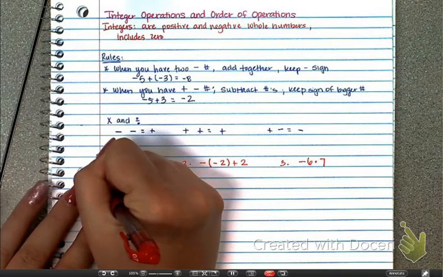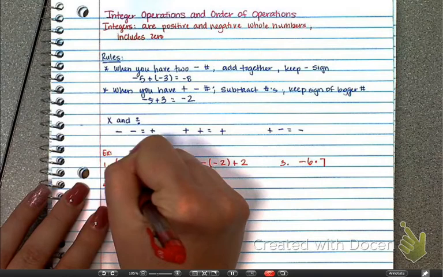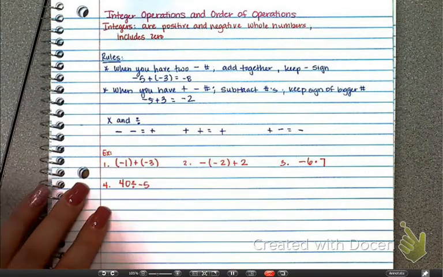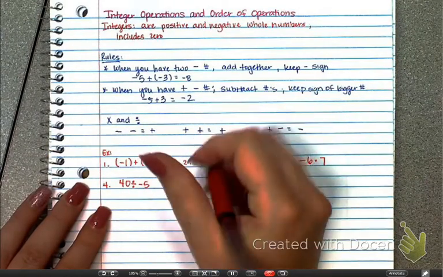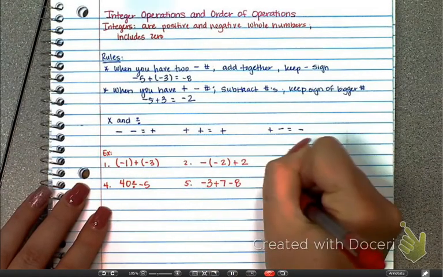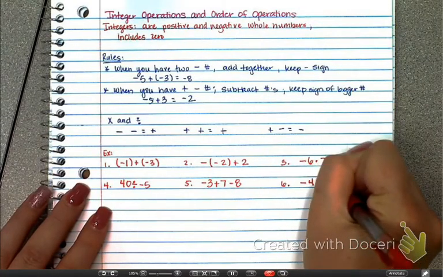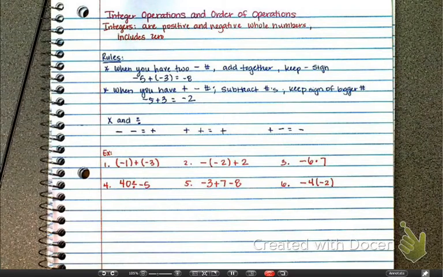Apparently my 8s look like 2s. Okay, so again, take a second, complete those 6 problems, and then once you have all 6, check with your group and make sure everyone has the same answers. If someone in your group doesn't, let's figure out who's correct and talk through it, okay?